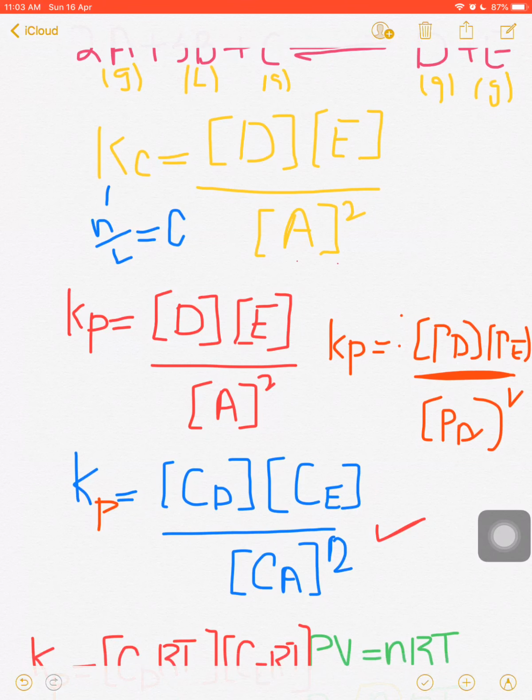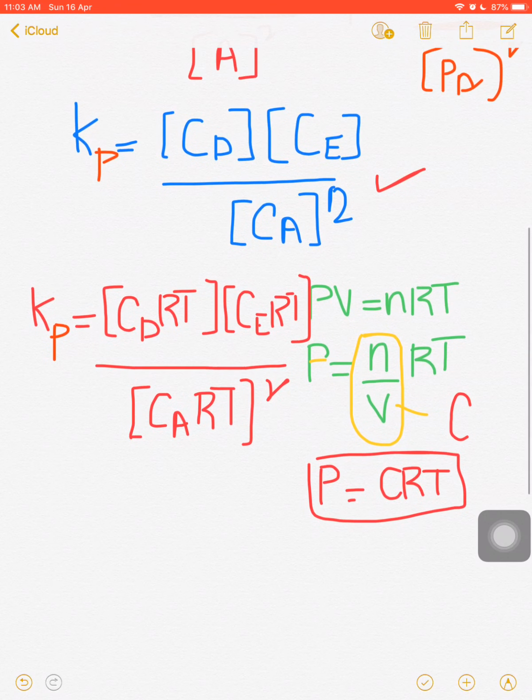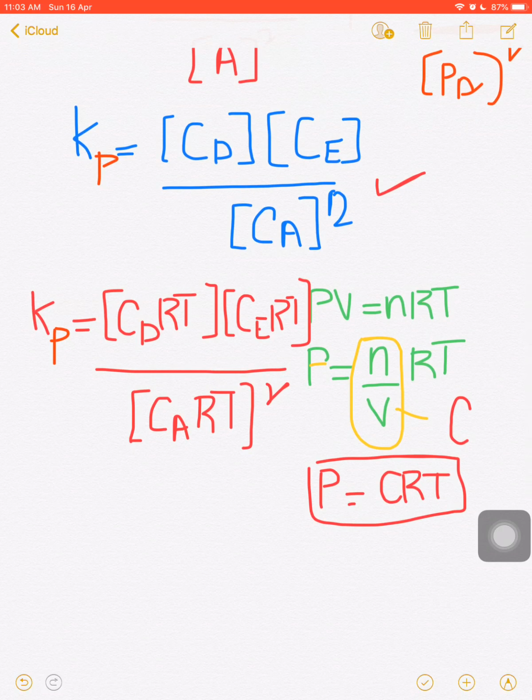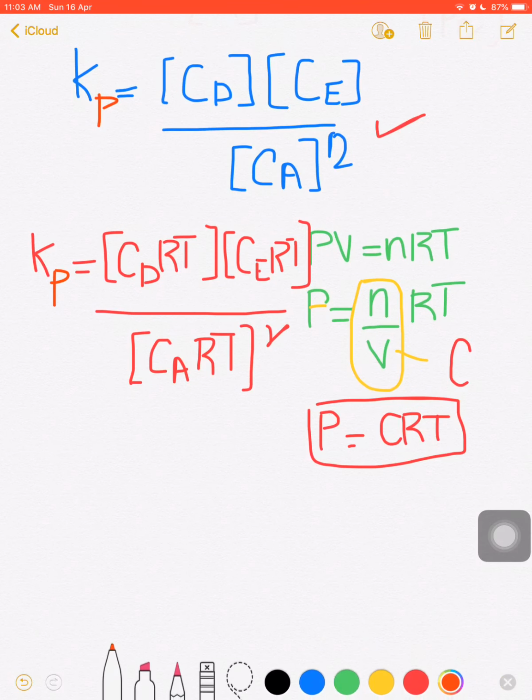And in this pressure P we have included this RT, right? Now basically let's multiply them.